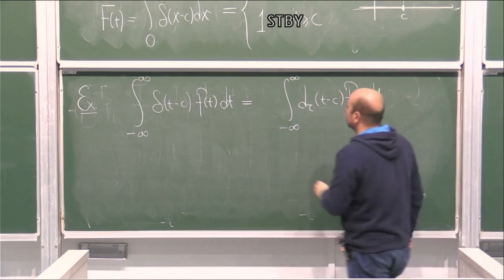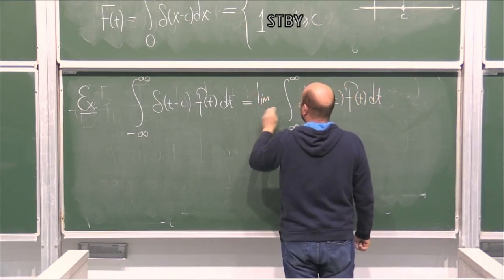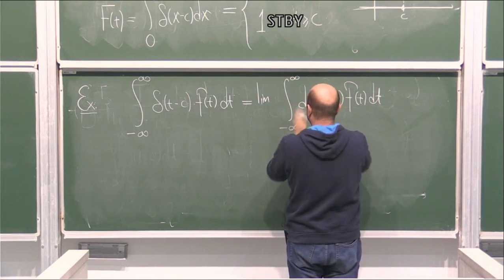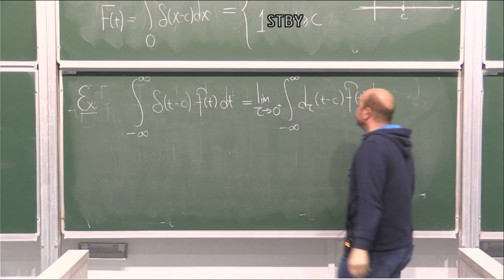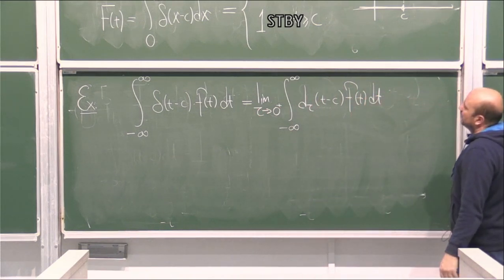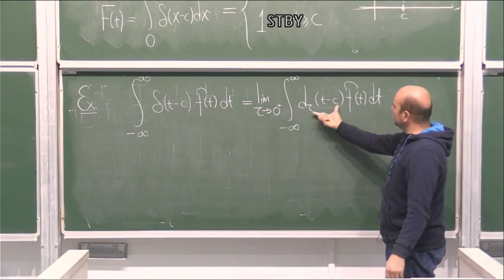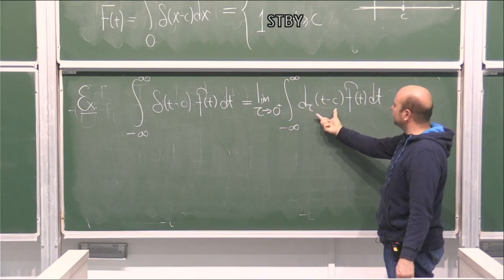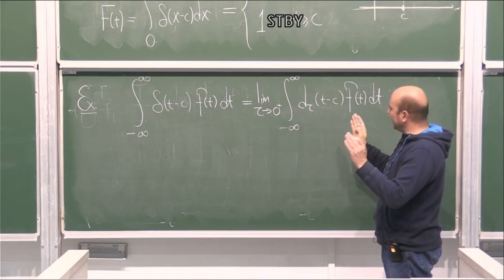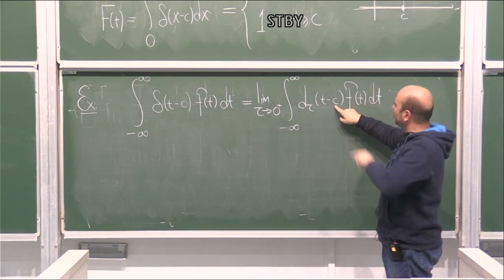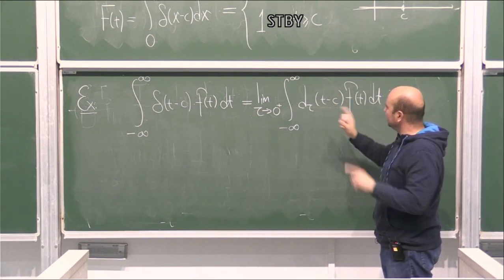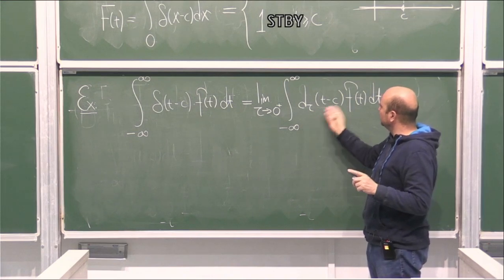And after this, I can take the limit, tau goes to 0. But look at this function: it is everywhere 0 except on a 2 tau length interval around c, which is basically like an impulse point.